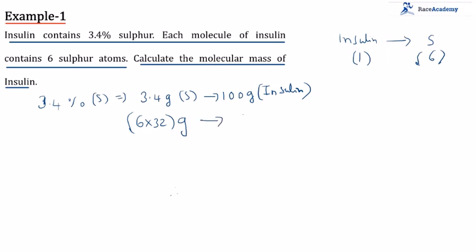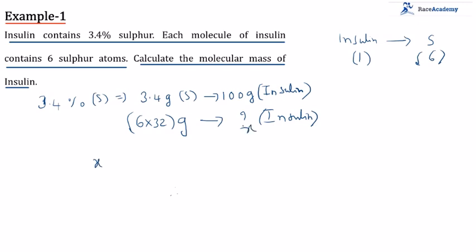Means 6 times 32 grams, 192, is present in how many grams of insulin? That is said to be its molar mass. So we will find what is that x.